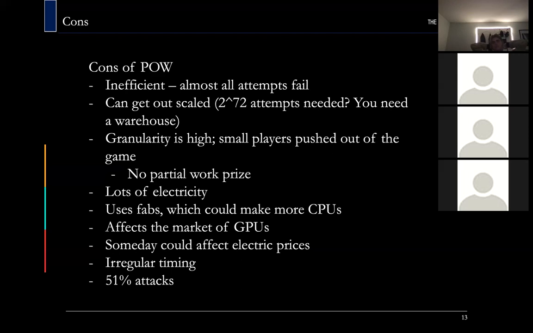Whereas in proof of stake, the stakers only have a say when they deposit in the ledger. So there's a little bit of a separation there for proof of work, which I think is good for a decentralized system. And that's the main thing about it. I also don't know if proof of stake solves the Byzantine generals problem or the double spending problem. I think it does, but I haven't looked too much into that to really know.